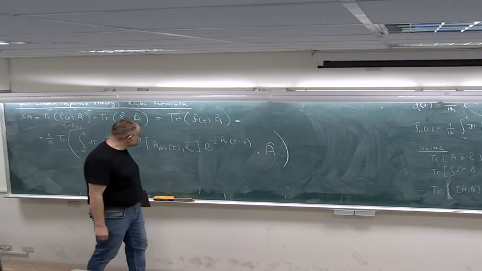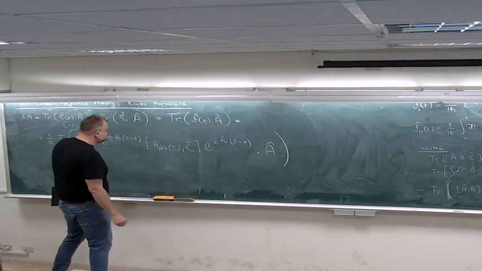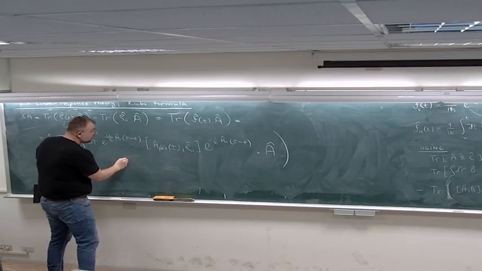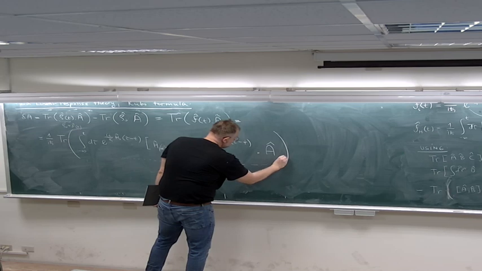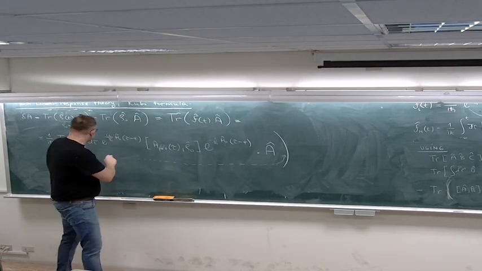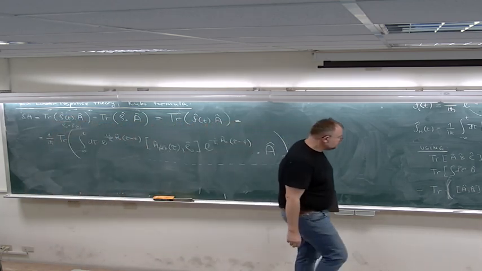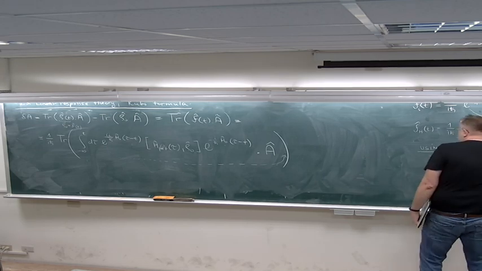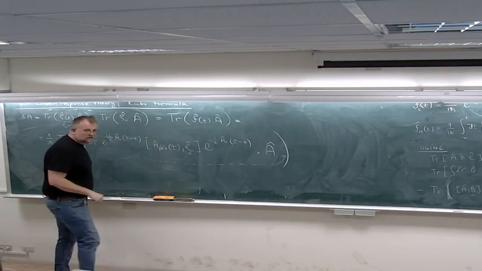And now I can start to use these properties. If I want, I can put this operator here because I'm under the trace. I can use this property that I can take this thing, which is in that K00, so I can take it out, things like that.